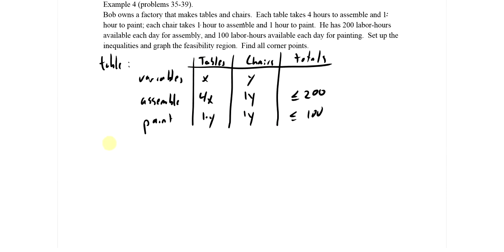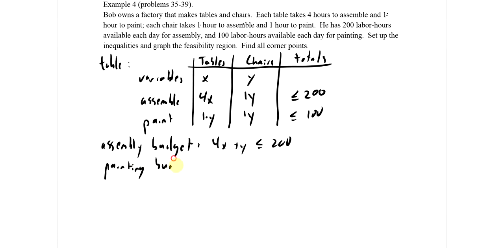So what are my inequalities? I have an assembly budget. 4x plus y has to be less than or equal to 200. And I have a painting budget. Oh, this is supposed to be an x. X plus y less than or equal to 100.